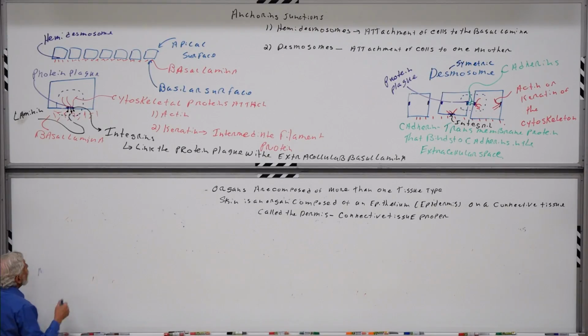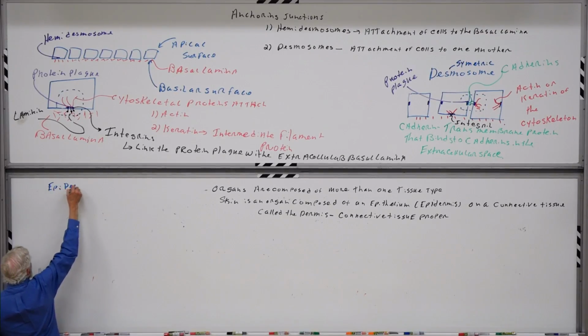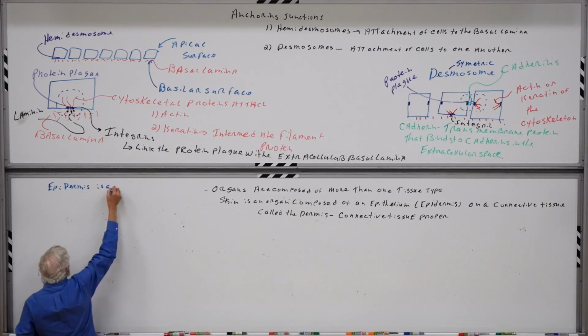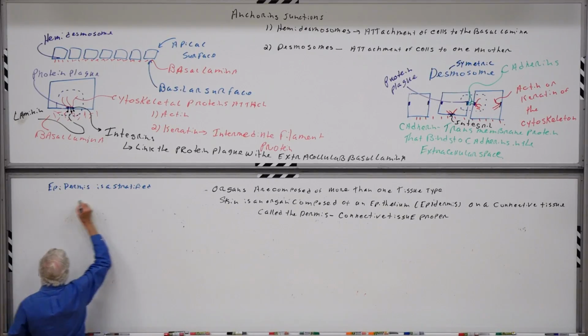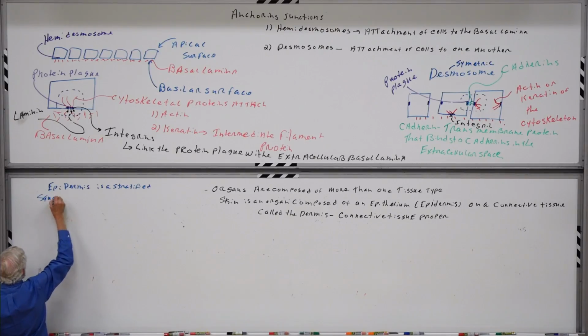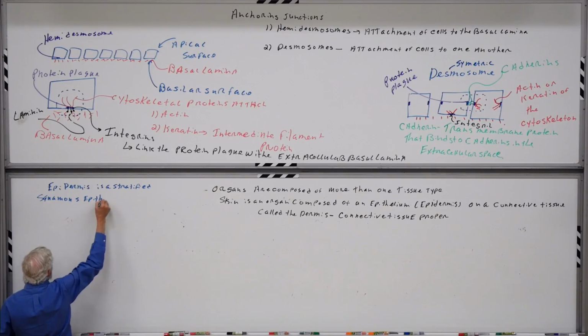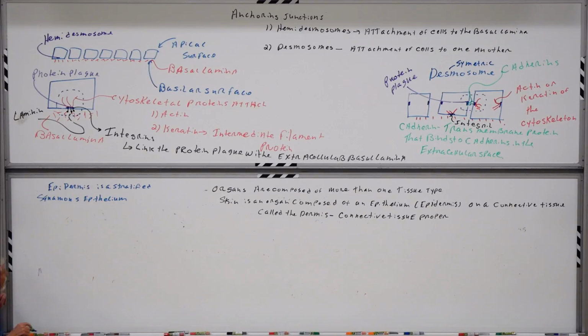Now, it's true that the epidermis is a stratified, squamous epithelium. Now, there are a lot of words there, so let's unpack it. Well, first, we're going to have an epithelium.